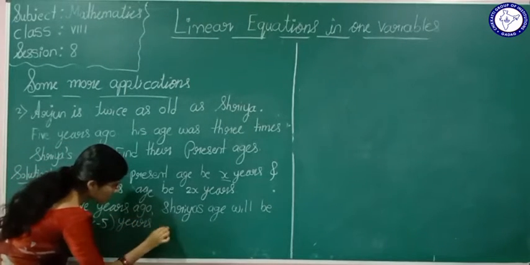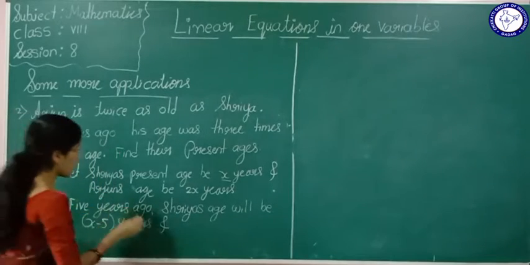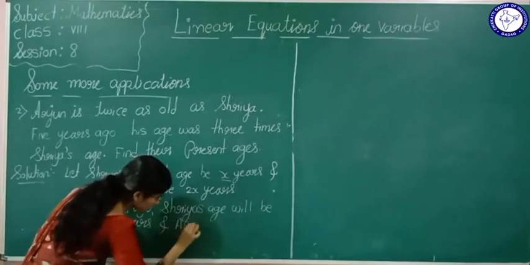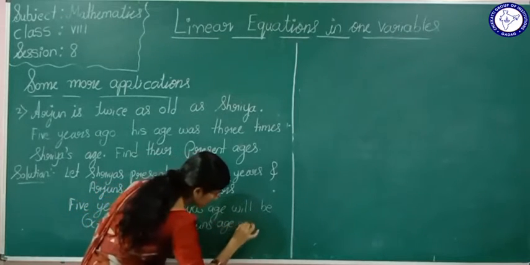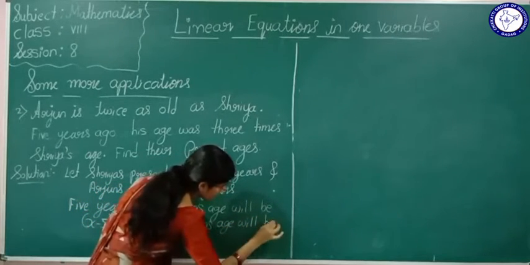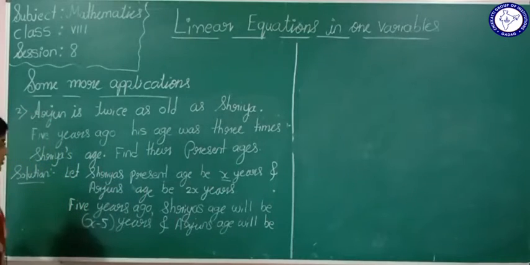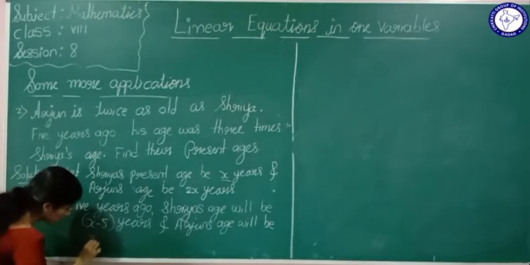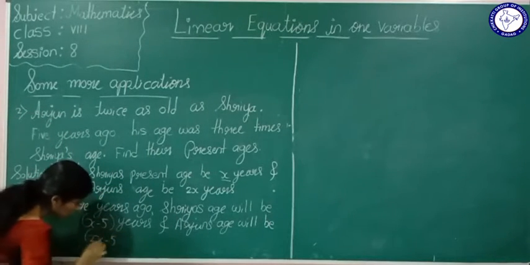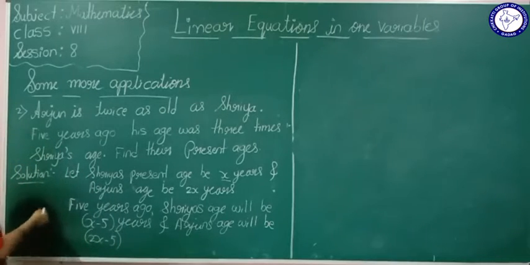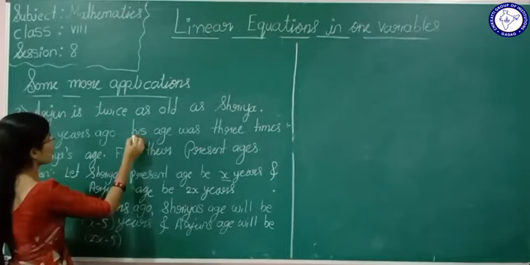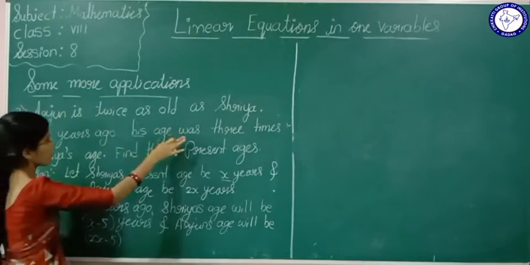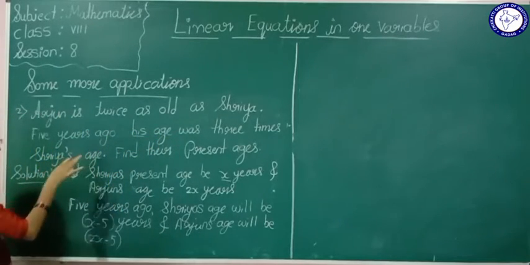And Arjun's age will be what? Arjun's age will be 2x minus 5. Now see, they given that 5 years ago his age, means Arjun's age, was 3 times Shreya's age.